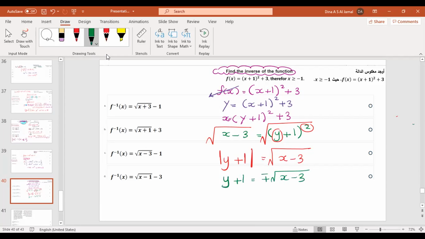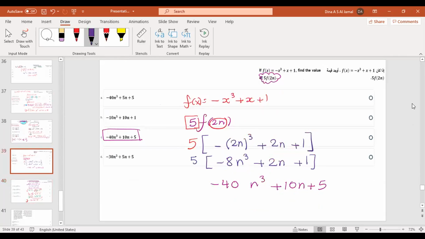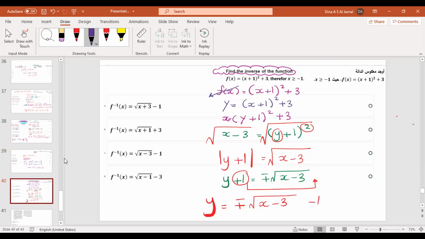But before I move to the other step, we have to move the minus 1 to the other side, to leave the y alone. With this, it will be like that. But he is telling you that here you are having your x should be bigger than or equal to minus 1.